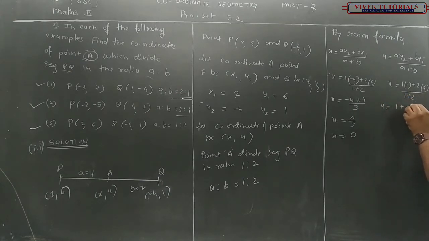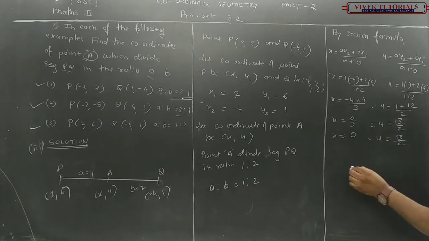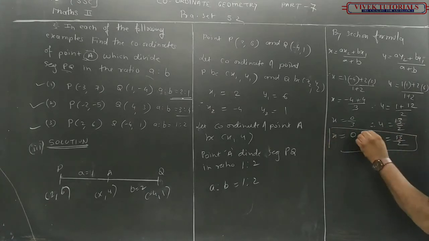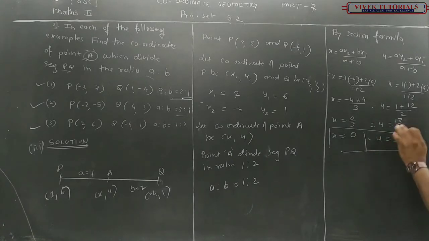I made a mistake: 6 twos are 12, plus 1, it will become 13 upon 2. Therefore, this is your final answer. Okay? 13 upon 3, sorry.